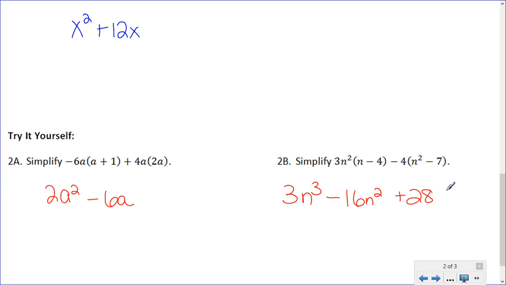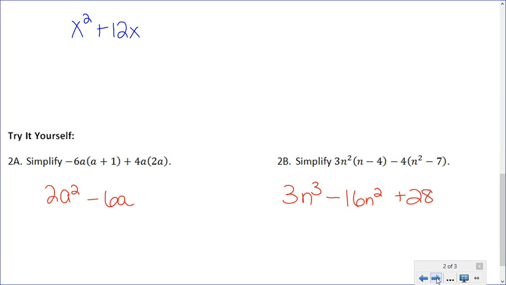Apparently I couldn't read my own handwriting, and I thought that that 3n cubed was a 3n squared. So this is correct. That's much better. And again, if you didn't get plus 28 here, that's a common mistake of not distributing the negative to the second number also. Okay. Hey, for once I actually caught a mistake before the video was done.